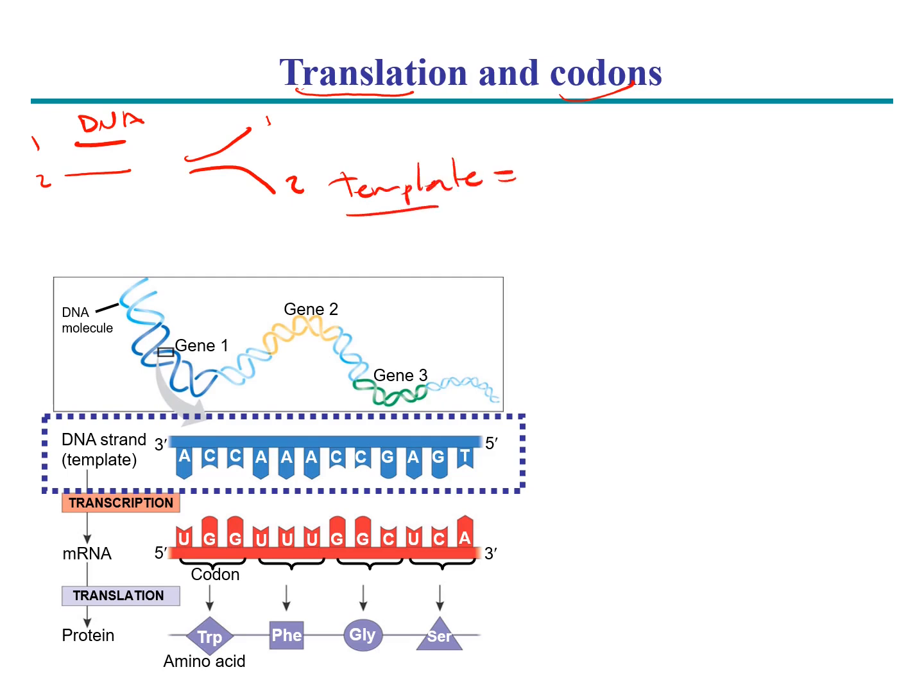So you will determine the ordering of the sequence of nucleotides. So based on the template strand, you will say this will be an A, C, C, and they will go first.